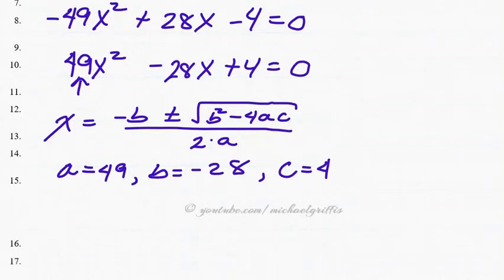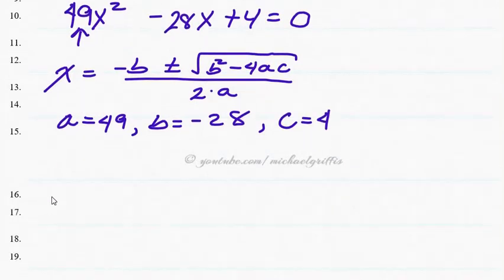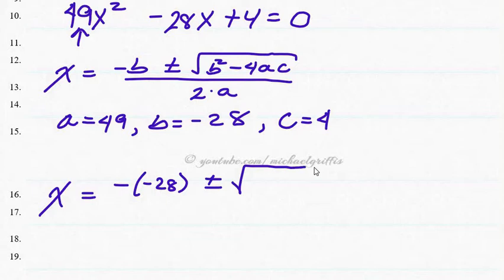Now we just plug it directly in. So we have x is equal to -28. Now be careful here, okay? Because we have a negative out in front of this b, so we want to make sure that we always put a parentheses around that negative. Plus or minus the square root. We're looking at the discriminant now.